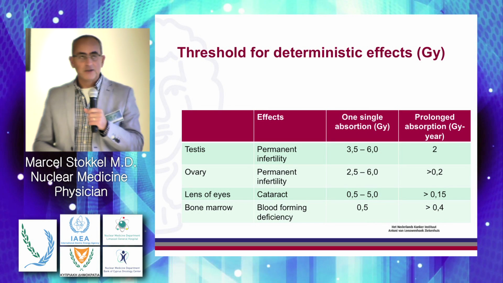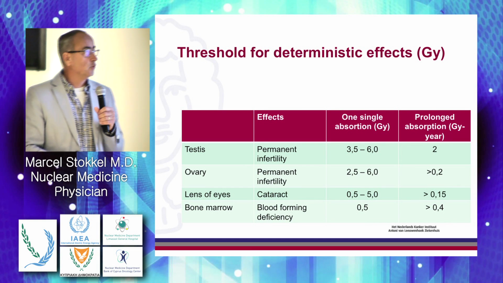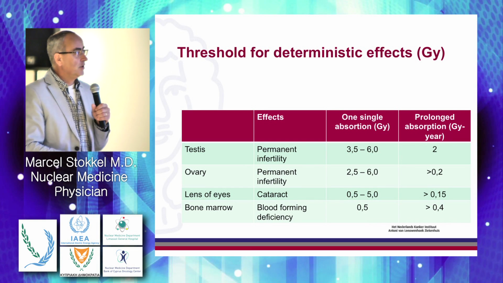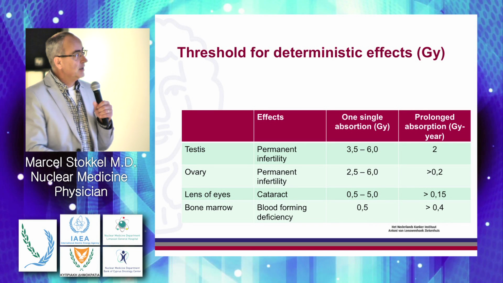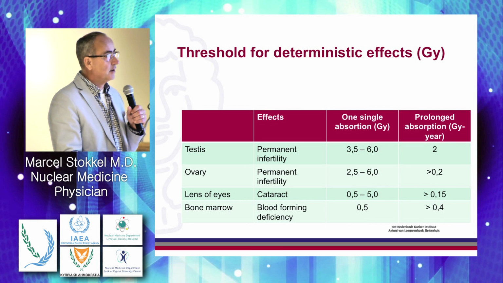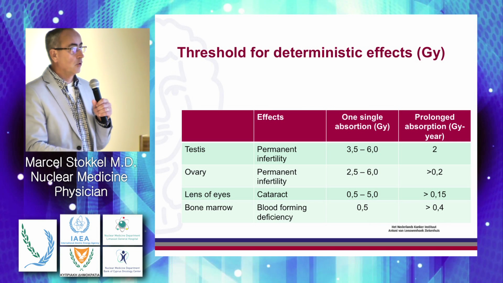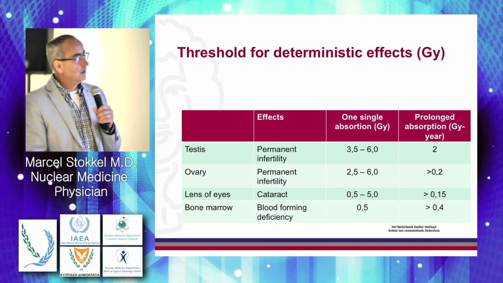Now, what are the thresholds for the deterministic effects? Because we know that they may appear, but what are the thresholds? You can see here in this table some examples extracted from the literature. The testis: permanent infertility, one single absorbed dose between 3.5 and 6 gray, or a prolonged absorbed dose of 2 gray per year.